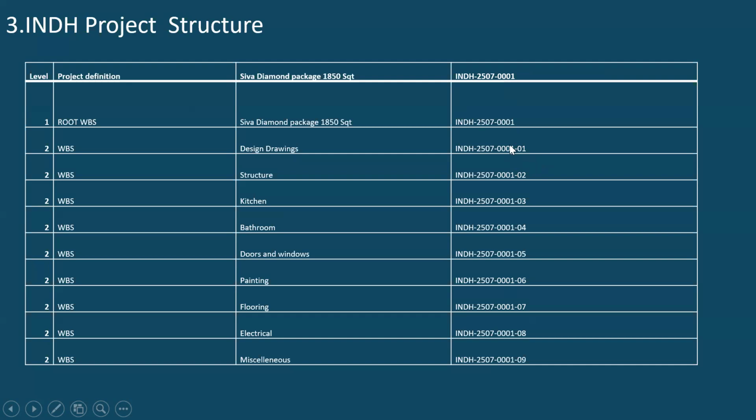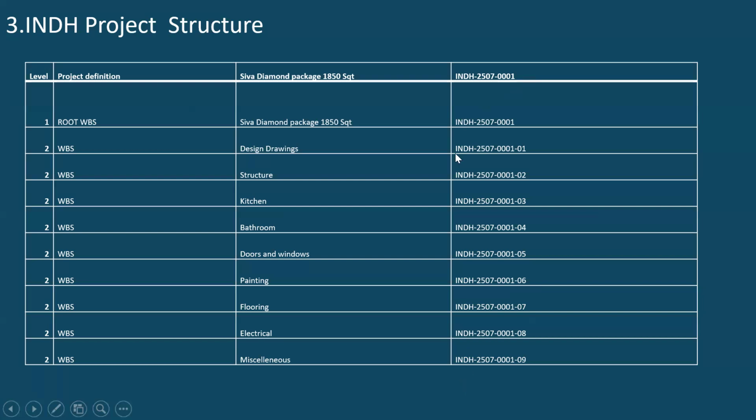The system should not allow the user to create 0002, for example, because my project definition is 0001, right? That means my project structure should remain the same as the project definition. For the lower level WBS elements, whatever I create, the first 14 characters of the project definition should remain the same.